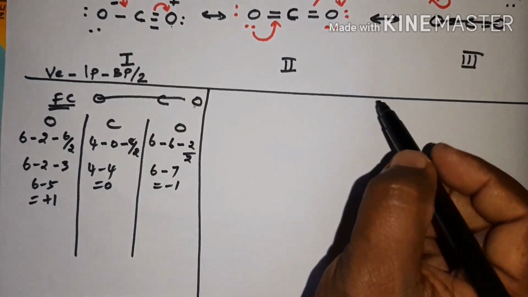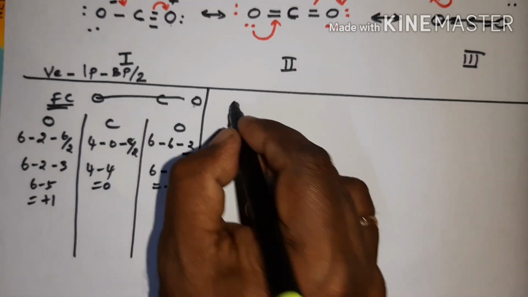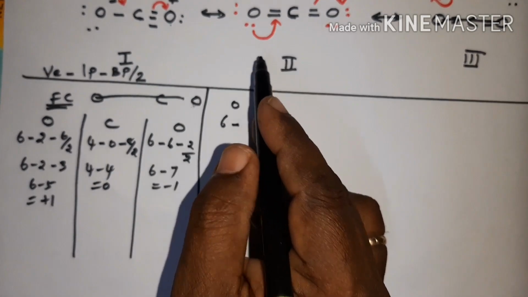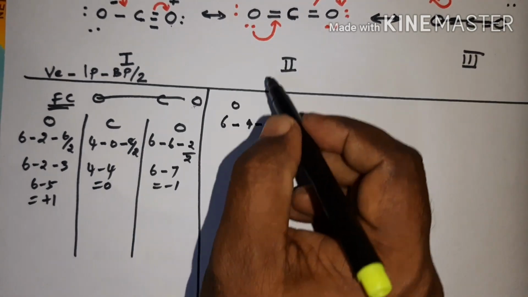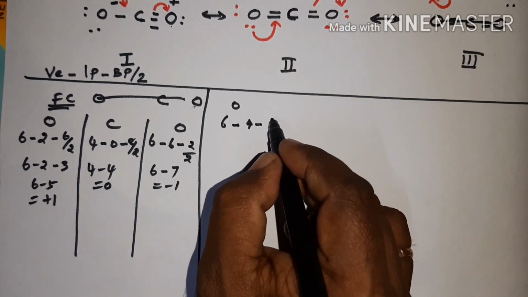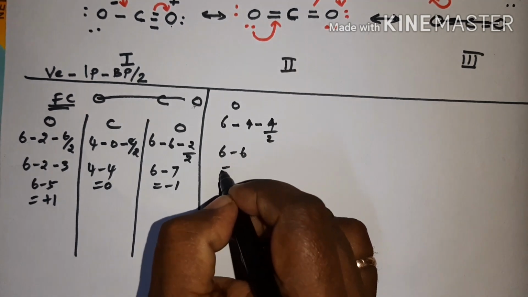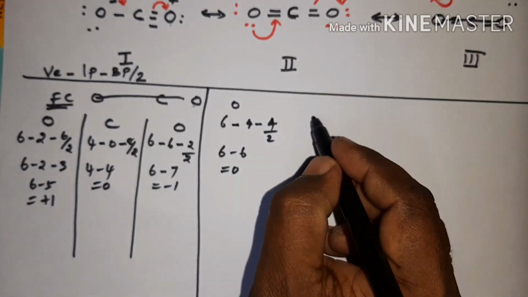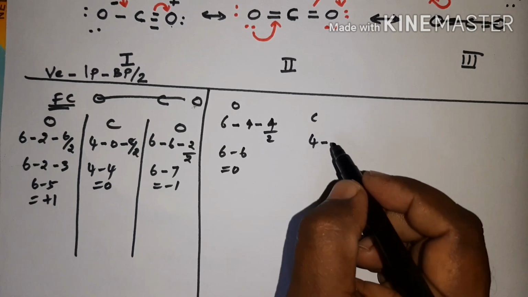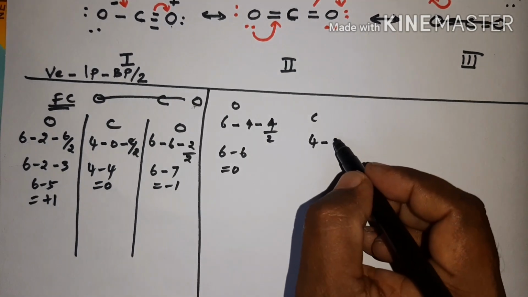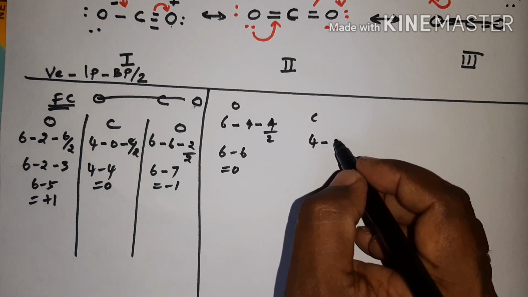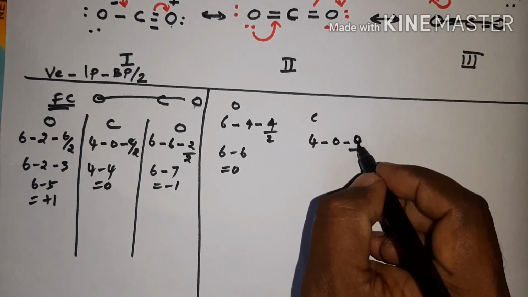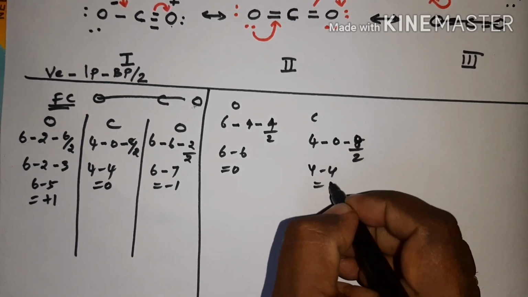Then for the second structure, apply this formal charge. For oxygen, 6 valence electrons minus lone pair electrons, there are 4 electrons, minus bond pair, there are 4 by 2. So 6 minus 6 we are getting 0, so there is no charge on this first oxygen atom in the second structure. Then carbon atom also, 4 minus, there are no lone pair electrons, 0, minus, there are 8 bond pair electrons, 8 by 2, so 4 minus 4 we are getting 0.